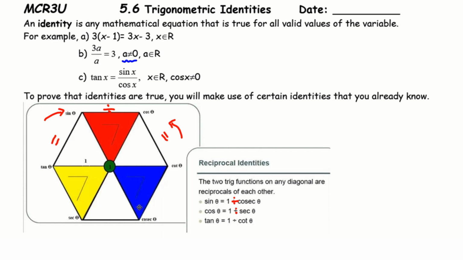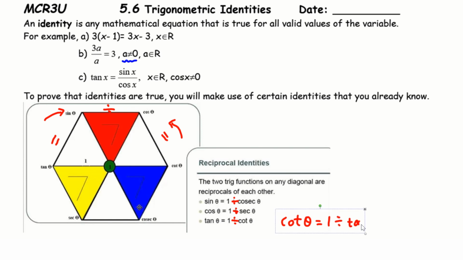So they are reciprocals for the diagonals. And tangent theta equals 1 divided by cotangent theta. And likewise, cotangent theta, you could also write as 1 divided by tangent theta.